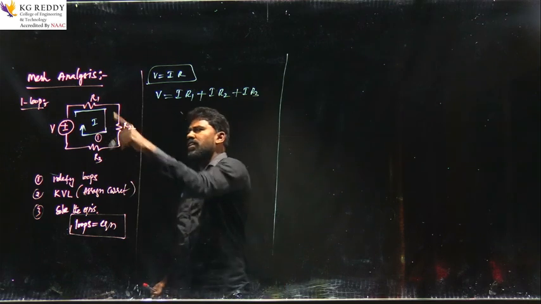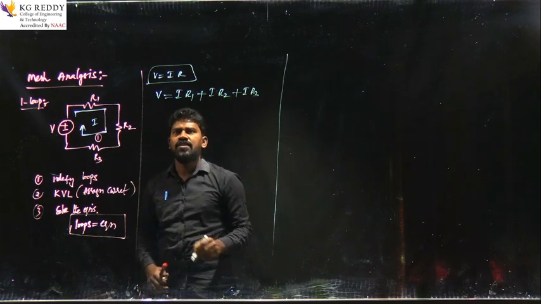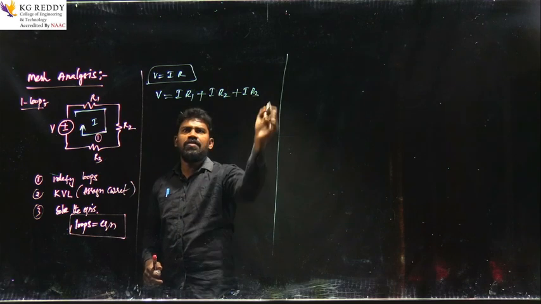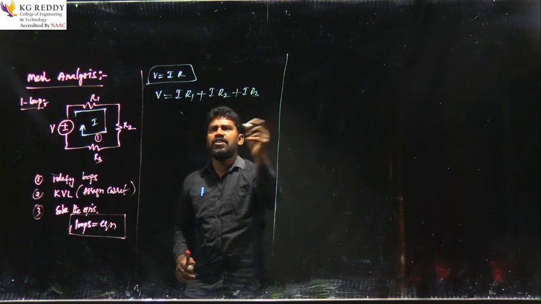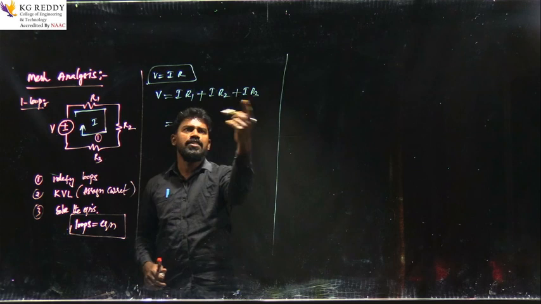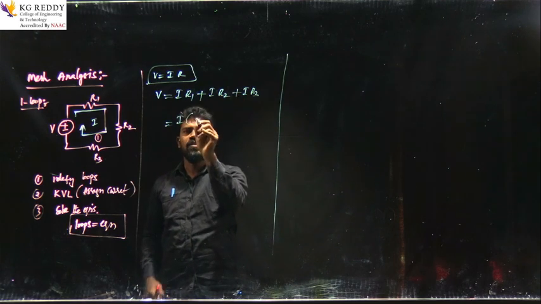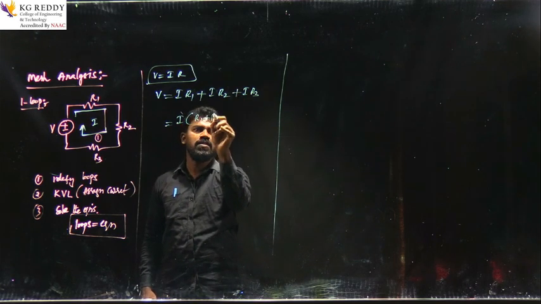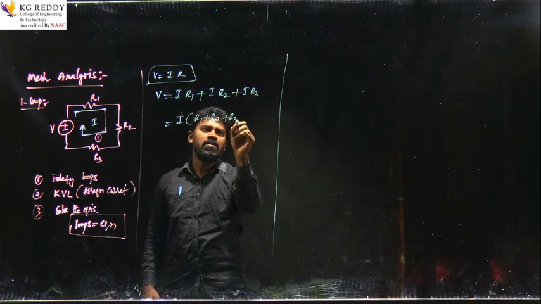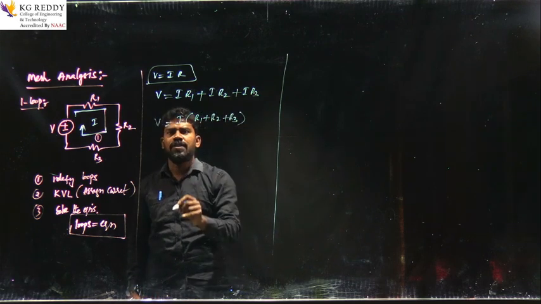After simplification, you can observe that I is common, so you will get I times R1 plus R2 plus R3 is equal to V.